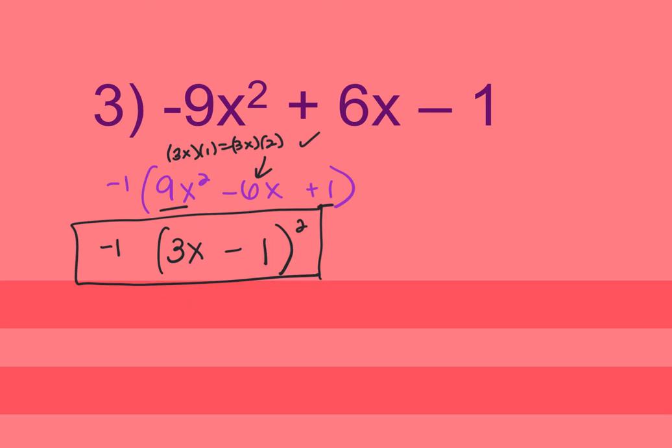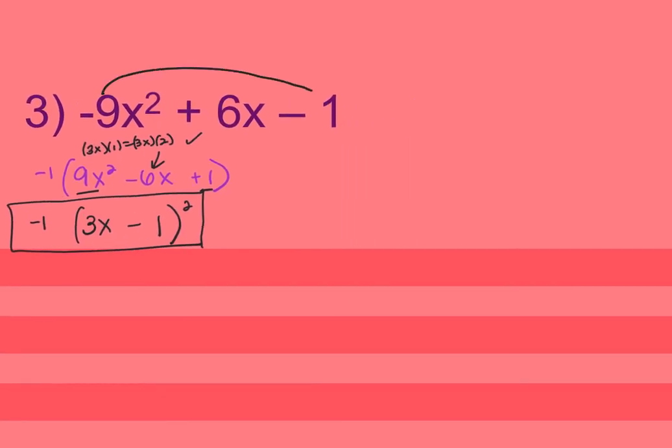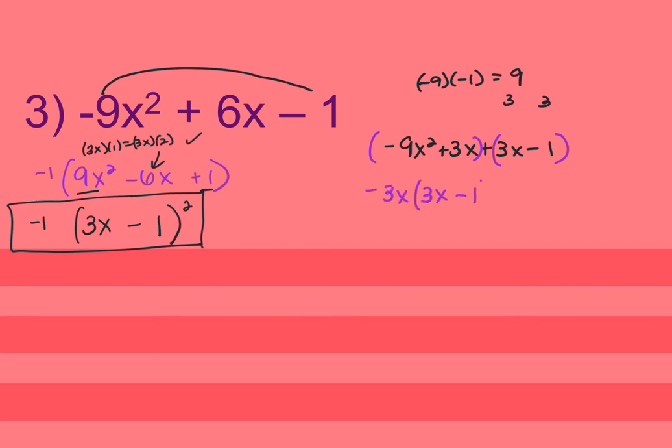If you didn't take out the negative, then you'd have to do that. So I would do -9 times -1, and I'd get 9. Factors of 9 that sum to 6 are 3 and 3. I'd replace my middle term with those. And then I'd factor by grouping. From the first set of parentheses, I would take out a negative 3x, and I'd get 3x minus 1.